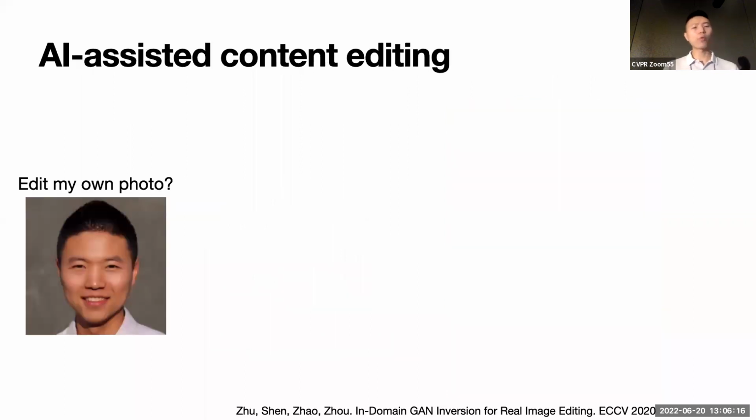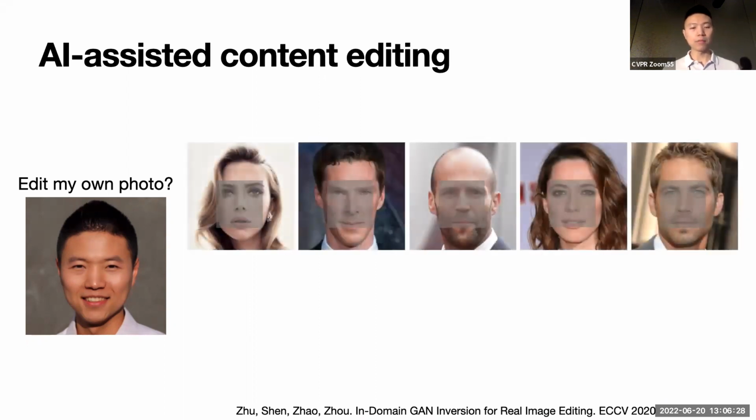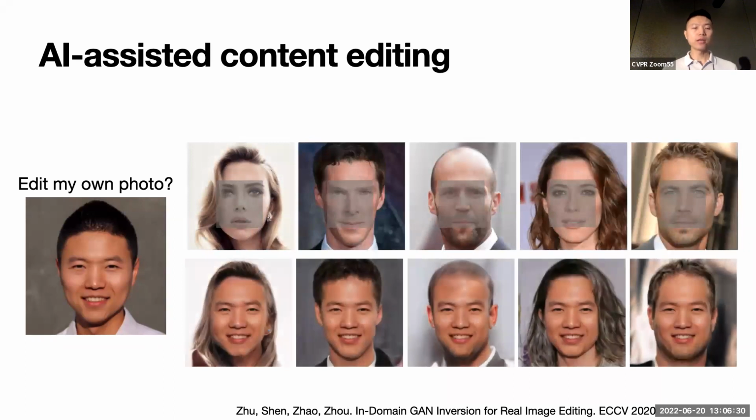For example, here we want to have AI-assisted content editing. For example, we want to use the GAN model to edit my own image. So we developed some GAN inversion methods so that we can copy and paste my face onto celebrities. Then we do some diffusion process, and then we can put my face inside.